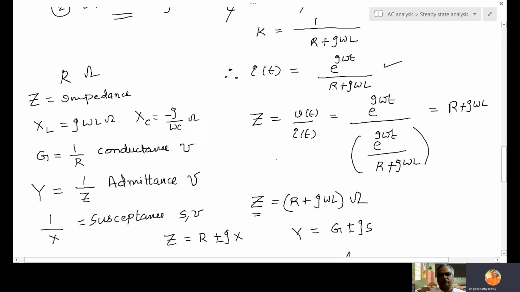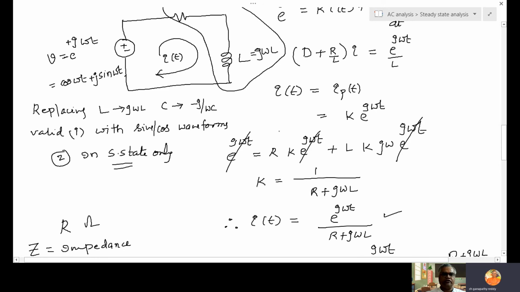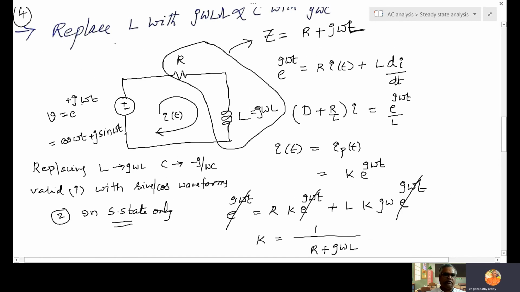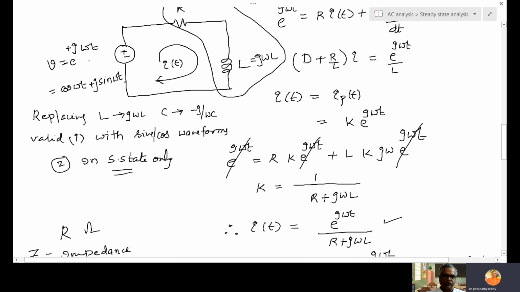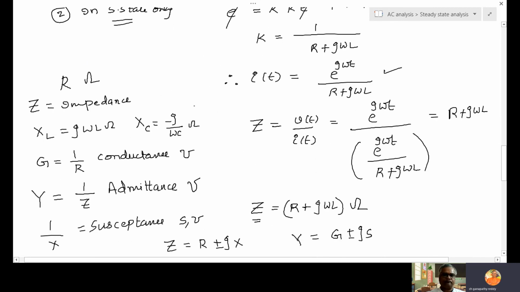In this topic only we got the j notation. The j notation originated here, e power j omega t. The j is reflecting everywhere. So in the entire subject, wherever we are using j, that came from this source.